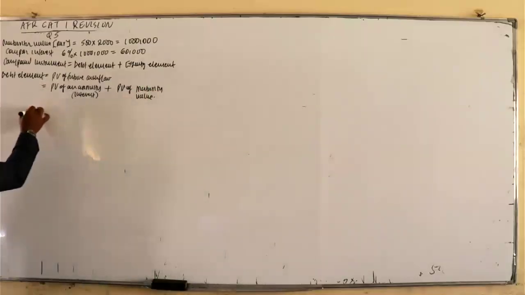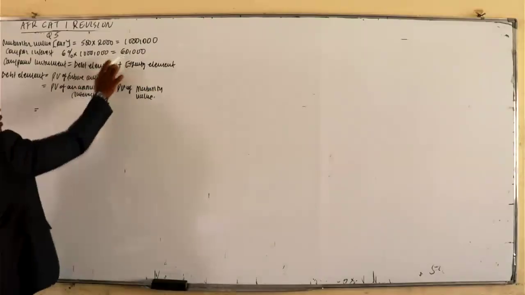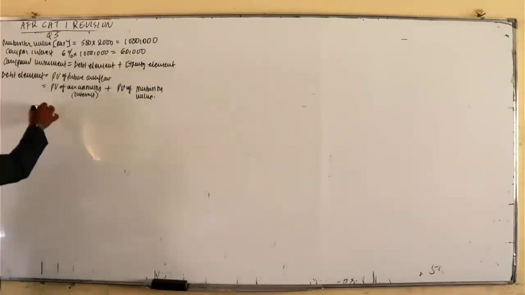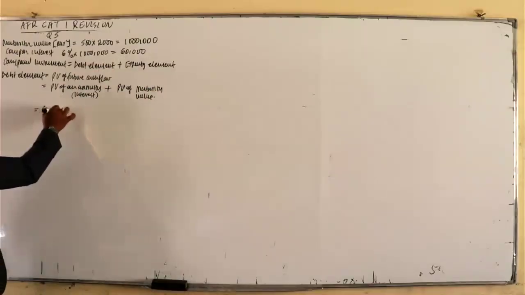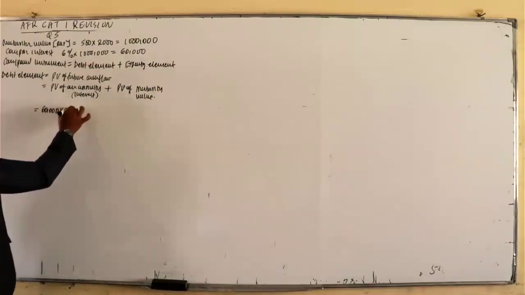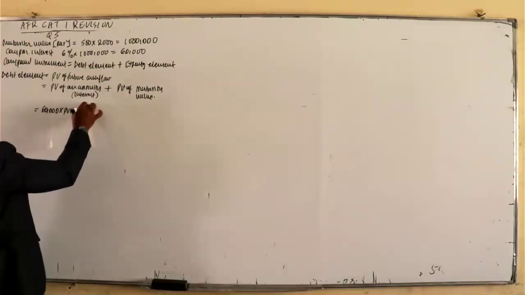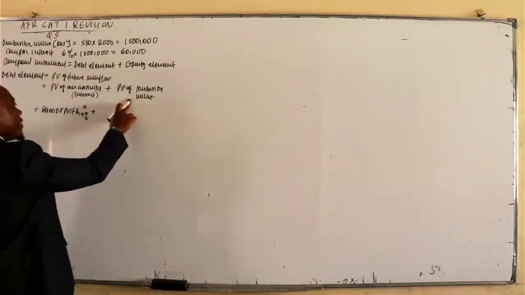You'll be paying the interest of 60, 60, 60, so it's an annuity. So you take 60,000 times the present value interest factor of an annuity. We discount the cash flows using the prevailing market rate, which is 9% for 3 years, plus the present value of the maturity value.